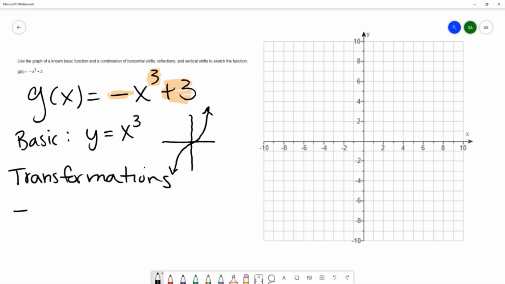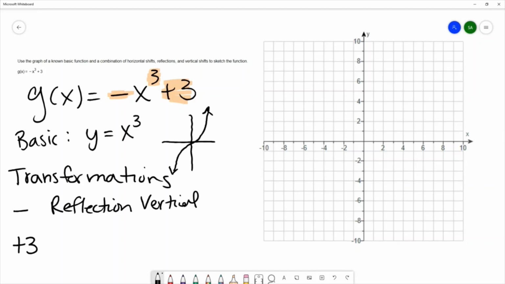The negative is multiplying by a negative, which is the transformation of reflection. And because that negative is outside of the cube, outside of the basic function, it's a vertical reflection. Everything above the x-axis will be mirrored below.